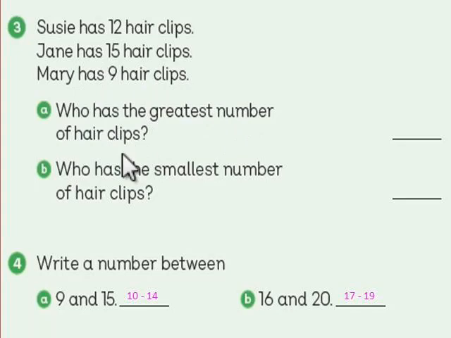Okay, who has the greatest number of hair clips? When you say greatest, has many hair clips. Is it Susie, Jane, or Mary? Who has the greatest number of hair clips? Susie, Jane, Mary.